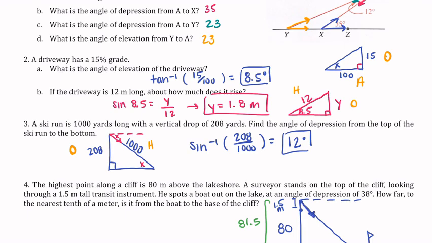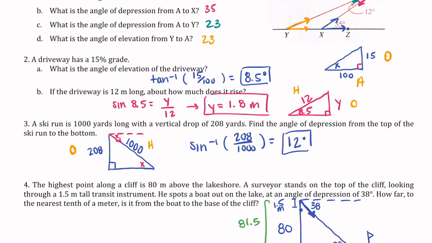So that means that this angle here is 38 degrees. Well, something to keep in mind is that if that angle is 38 degrees, then the angle of elevation from the sailboat up to the top of the cliff will match it.